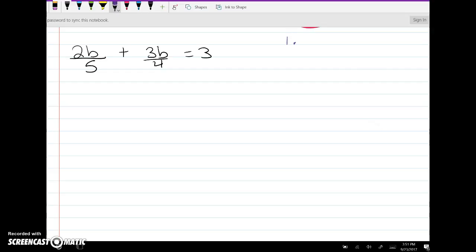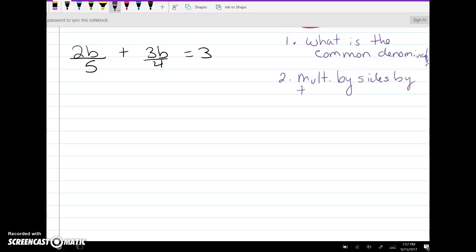One, what is the common denominator? Two, multiply both sides by the number. Okay, ladies, put your answers into the work.